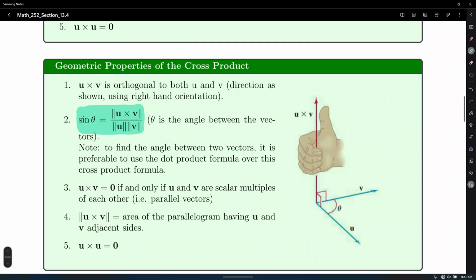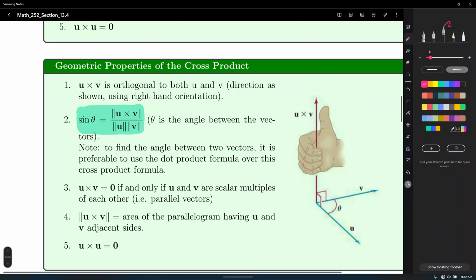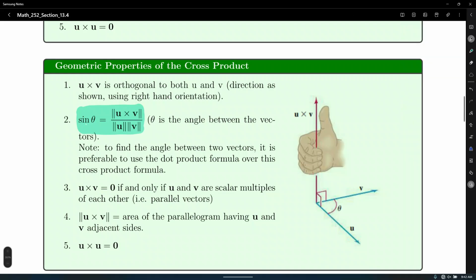That's because of the domain restrictions between the inverse cosine and the inverse sine. While the inverse cosine is defined in the first two quadrants, that is cosine inverse of x, the inverse sine, notice how it is defined in quadrants 1 and 4.